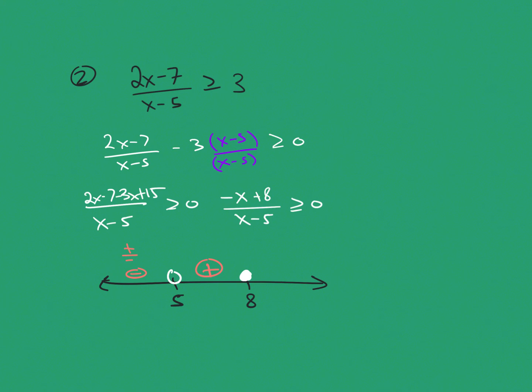So we're going to end up back negative over here. If you do the sign test, you'll end up in the same spot. I am looking for greater than or equal to 0. That's positive, right there. And so we end up with the solution 5 to 8, including 8. All right, there you go.